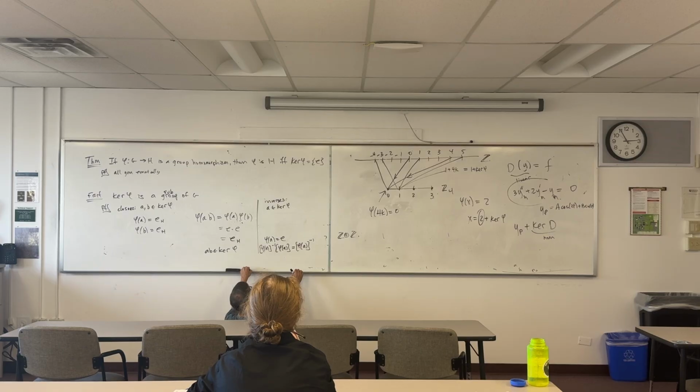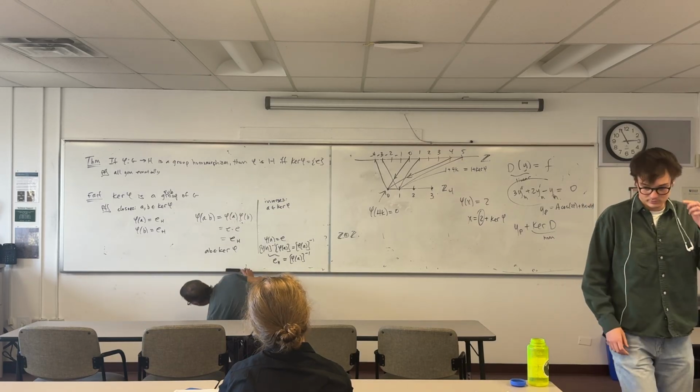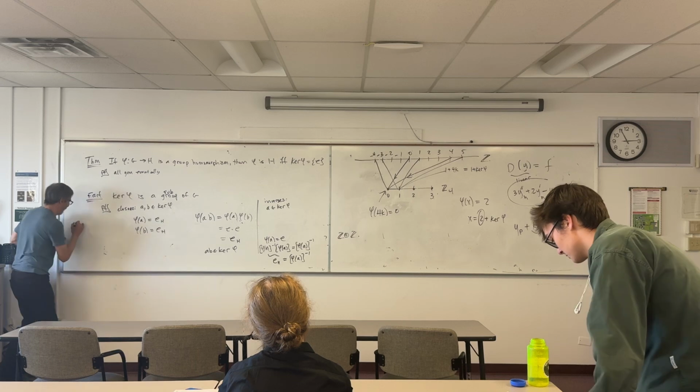And yeah, I'm kind of wishing I had my list of things already proven, but then this side just becomes E in the H space. And this over here is phi. Yeah, we didn't get the phi inverse. You can bring that inside, but okay, I got it. How about this?